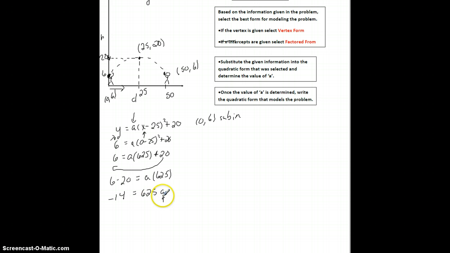We need to get rid of 625, so we divide both sides by 625. a equals, that's going to be a negative value, 14 divided by 625, which is 0.0224.